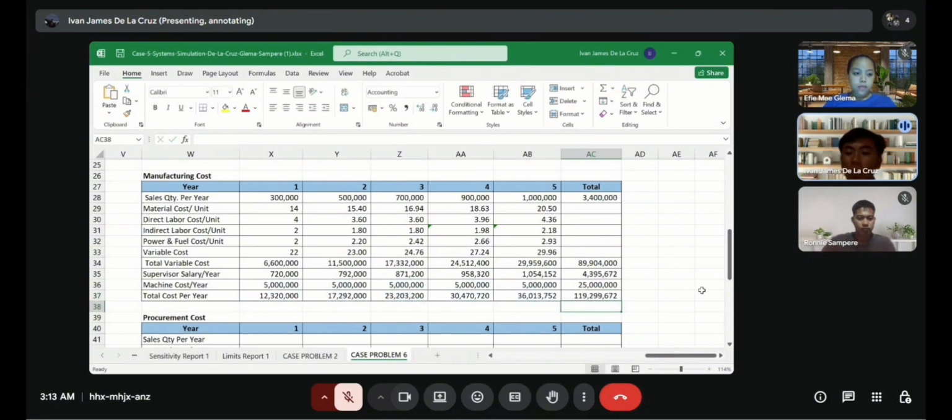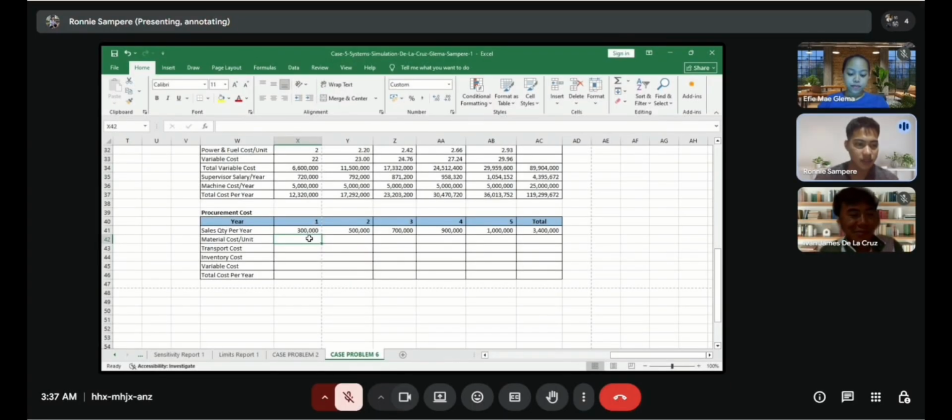So we get the total cost per year overall 119,299,672. The given is the supply component price is 20 pesos for the first 2 years and it rises by 10% each year after that.